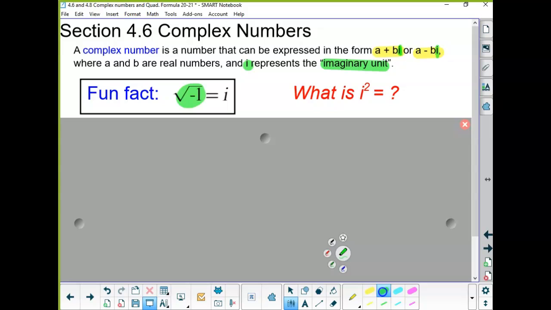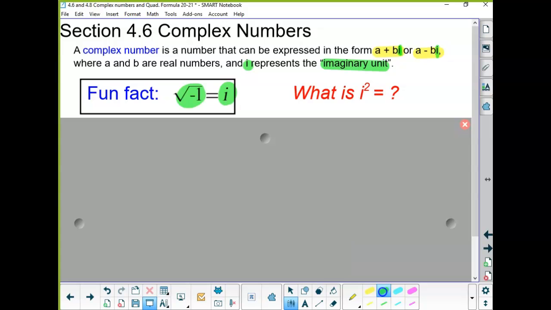And you'll see that develop throughout today. So what you need to know is whenever we pull out the square root of negative 1, that's actually equal to i. So I call that a fun fact because that's really how we're going to be using complex numbers throughout basically the rest of the trimester.